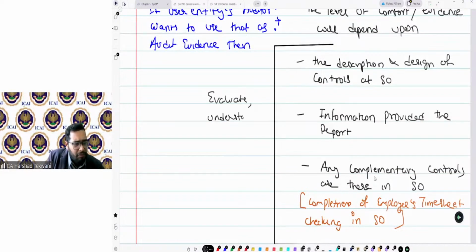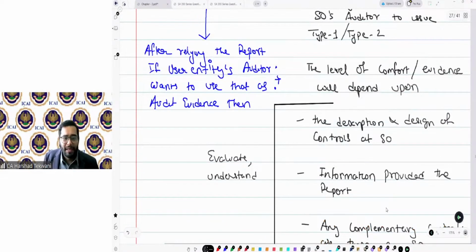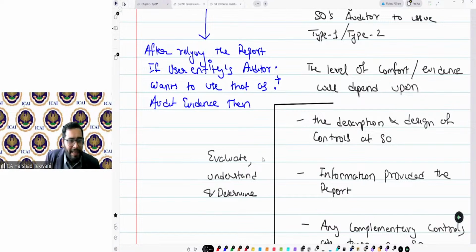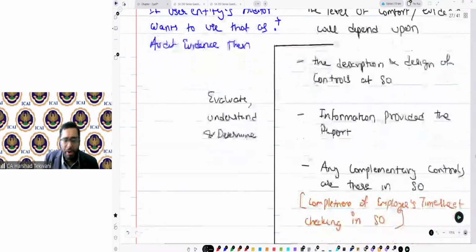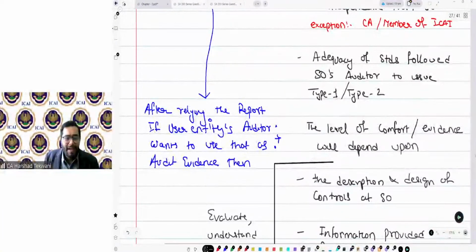So if I evaluate, understand and determine the description, information, and any complementary controls, then I can identify the level of comfort or evidence I will be getting from a type 1 or type 2 report.